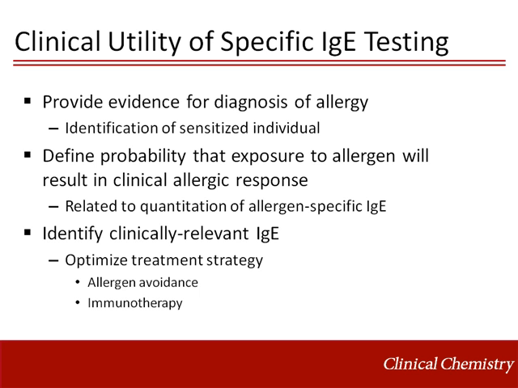This is related, at least for a number of allergens, to the quantitation of the allergen-specific IgE antibodies. Lastly, by identifying the allergen-specific IgEs, the clinician may better optimize the treatment strategy for a given patient by advising ways to avoid exposure to the allergen and perhaps to guide possible immunotherapy.